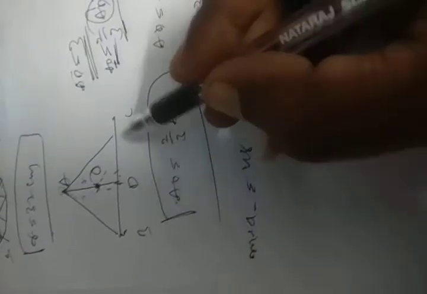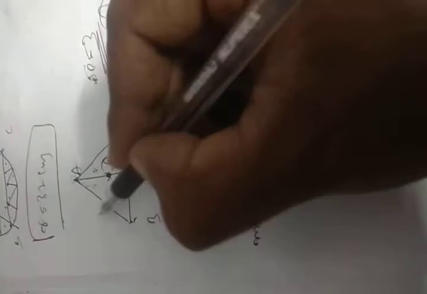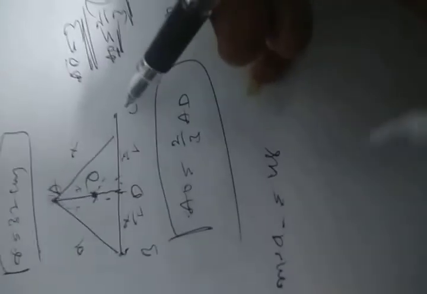So look at here carefully. I need to find the side length. Let us take this as x, and this is also going to be x. Obviously this will become x/2, and this will become x/2. We know the concept that in an equilateral triangle, median, altitude and angular bisector are all the same.